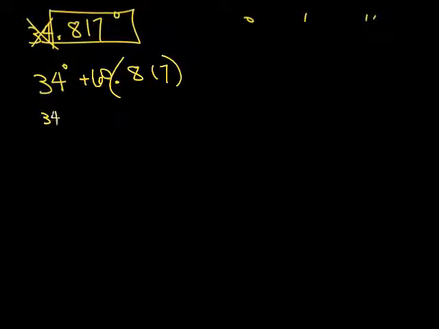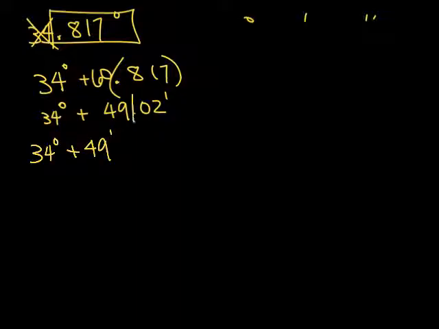So now I have 34 degrees plus 60 times 0.817, and that will make it minutes. We know we're not done because we still have a decimal. So what we've got is 34 degrees plus 49 minutes.